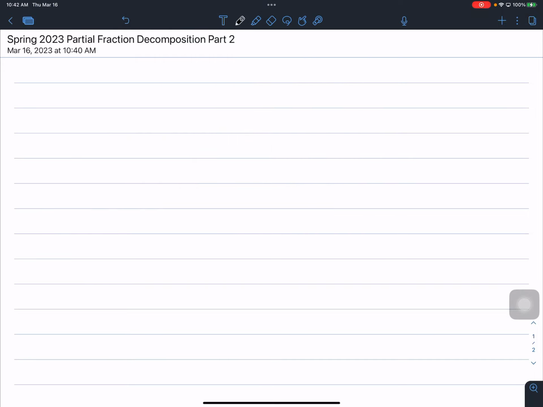So let's warm up. Let's warm up with this example: x squared minus 2x minus 1 over (x minus 1) squared, and then x squared plus 1.